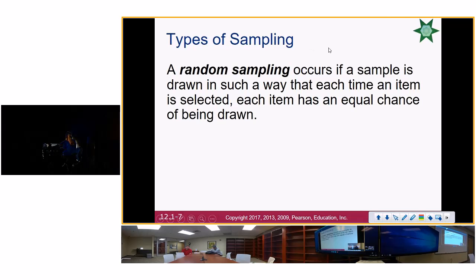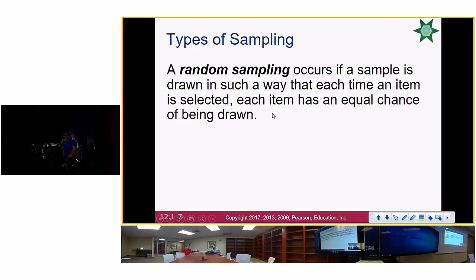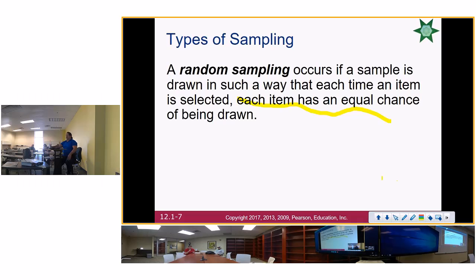Random sample. You ain't got to write any of this. All you got to write down is the last sentence. Write down that last sentence, and I'm going to draw on it. Don't forget it.